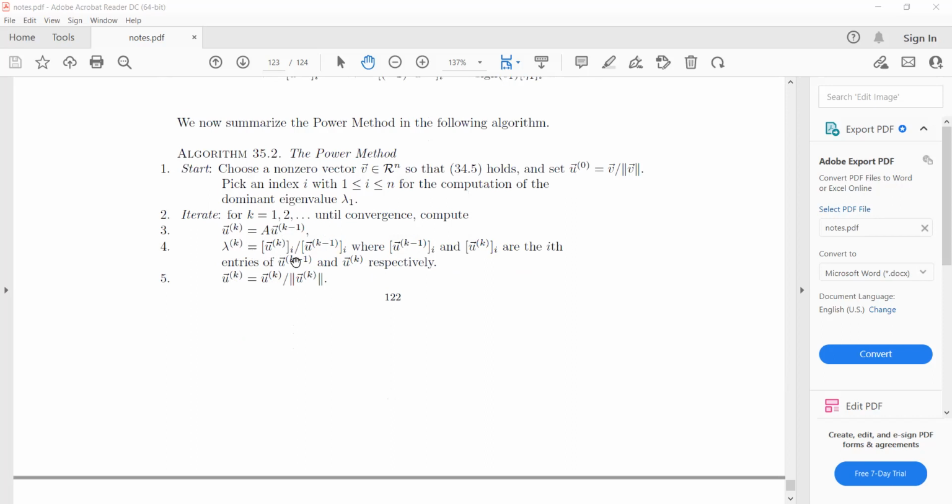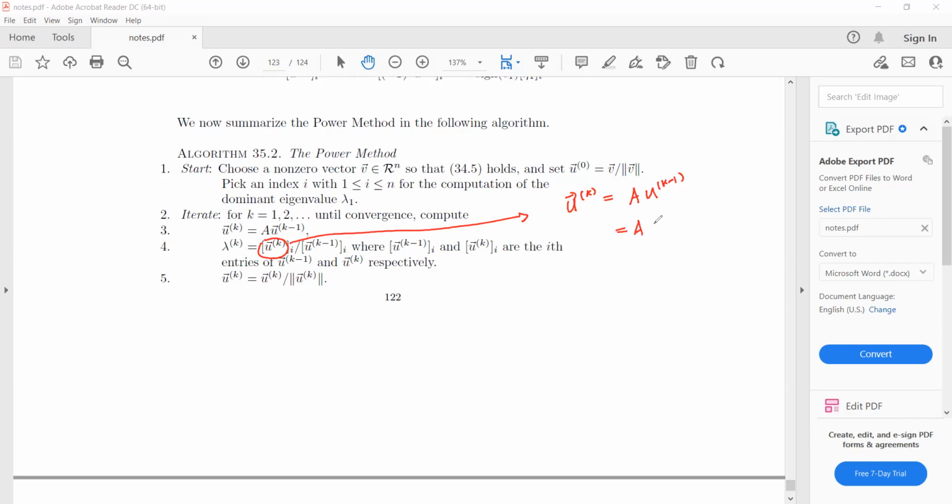Let me see. Okay, now I can write. This UK is divided in line number 3, A times U K minus 1.